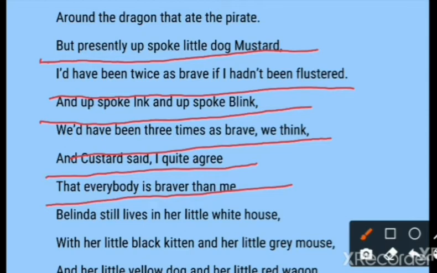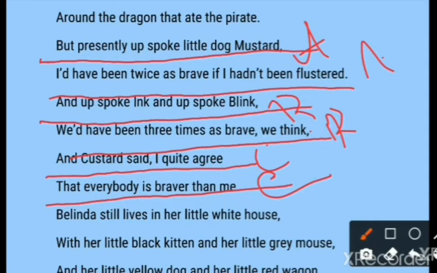This is the only stanza which contains 6 lines, and if we try to give it a rhyme scheme, it is AABBCC. So the rhyme scheme of this stanza would be AABBCC, and all the other stanzas have the rhyme scheme of AABB.